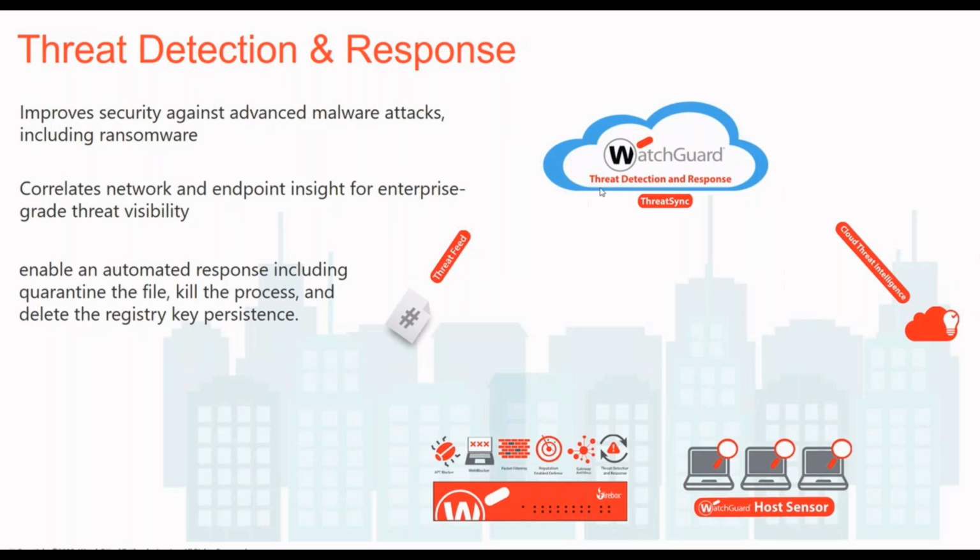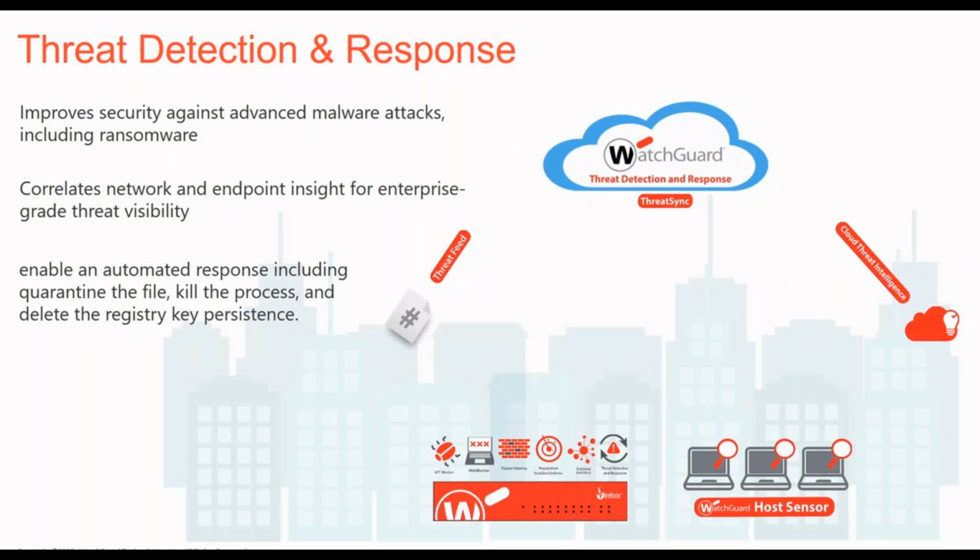It's a cloud-based component where, since you have these host sensors on the end user devices, laptops, Windows machines, Mac machines, and so on, they are protected. It doesn't matter if they are behind the firewall or not. Even if they are working from home, you're going to have another layer of security that's protecting them. And it's going to be reporting to the cloud, where you can do the configuration, monitoring and reporting from there.